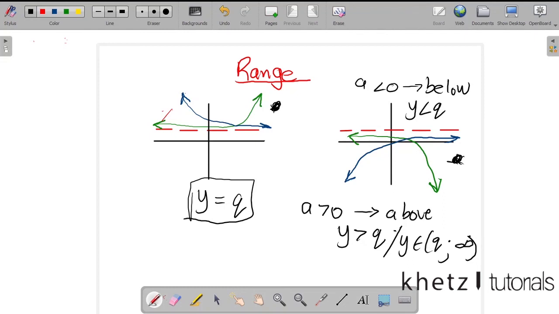And y less than q can also be denoted as y is an element of, starting from the small one, which is negative infinity, to q. Both of those with round brackets to show that they are not included in the range. They just indicate all the y values which are actually part of the functions.